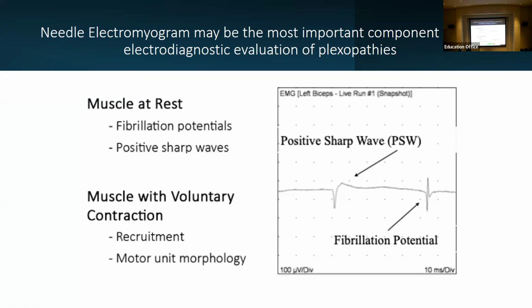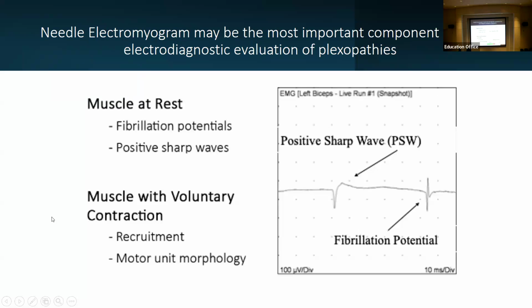However, with denervation, the neuromuscular junction end plate will be very unstable, and you're going to see abnormal spontaneous discharges, such as positive sharp waves and fibrillation potentials. Okay, if you see any of them, that means the patient probably has subacute or chronic denervation happening.